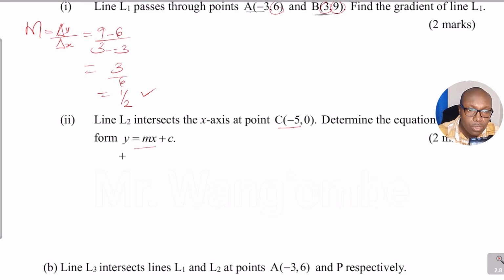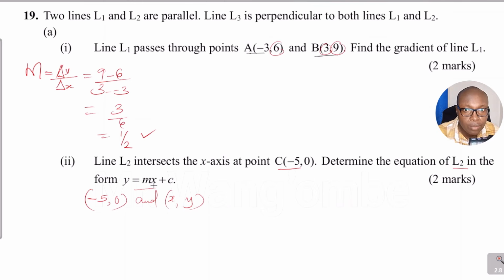To get the equation of a straight line, we need at least 2 points or 1 point and a gradient. So we only have 1 point, which is -5, 0, and we don't have any other point. So to get the equation, simply introduce a general point, let's say xy, on that line, and then we will get the gradient easily.